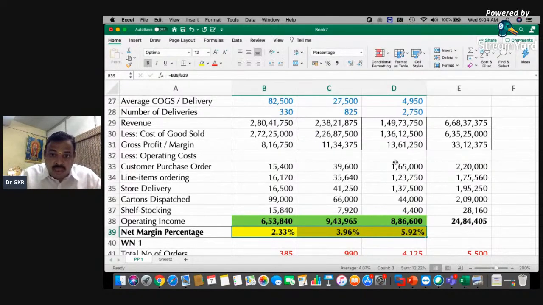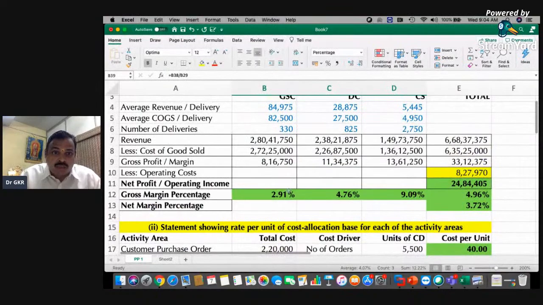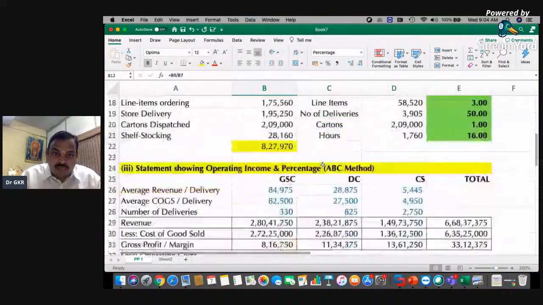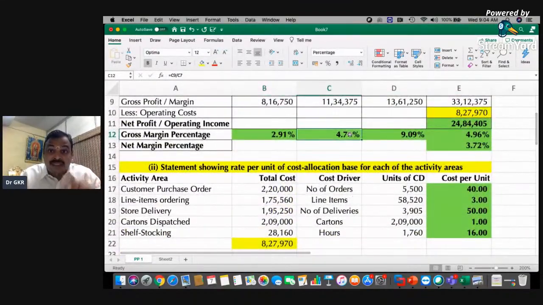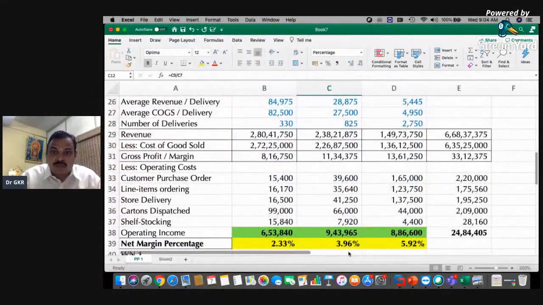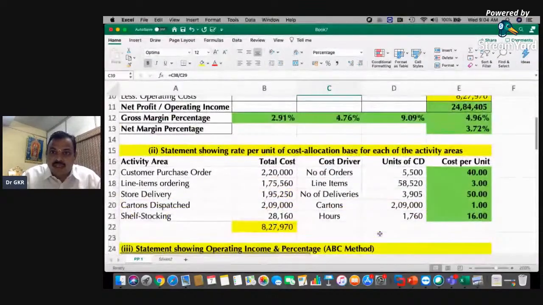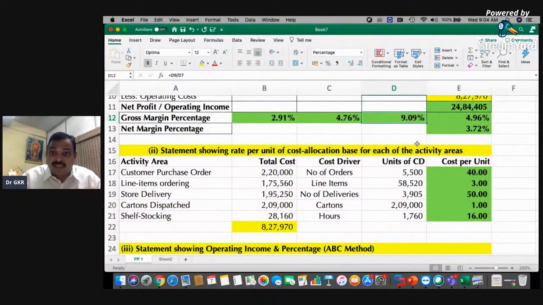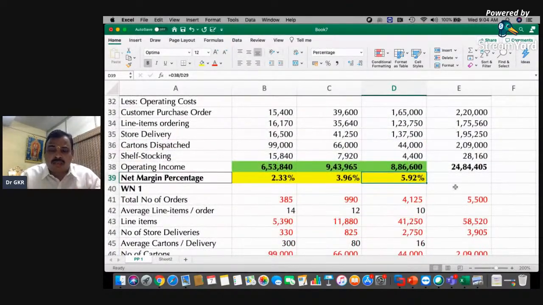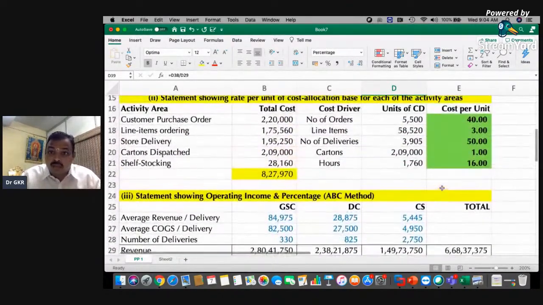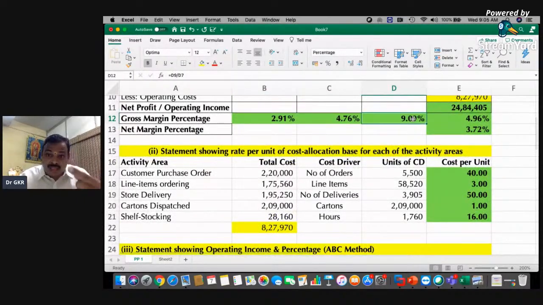Now, what is your gross margin? 2.91, that becomes 2.33. 4.76, you are getting 3.96. Here it is 9%, and you are getting only 5.92. Let us take 6%. So from 9 you are getting 6. That means 3% you are spending on operations.